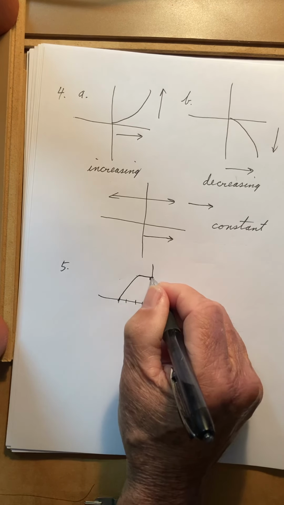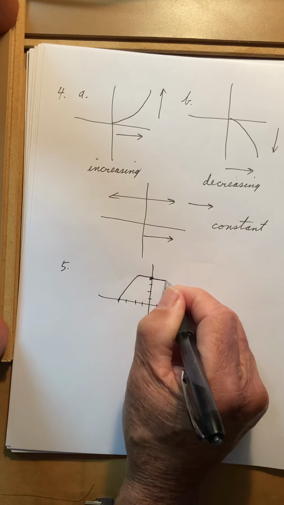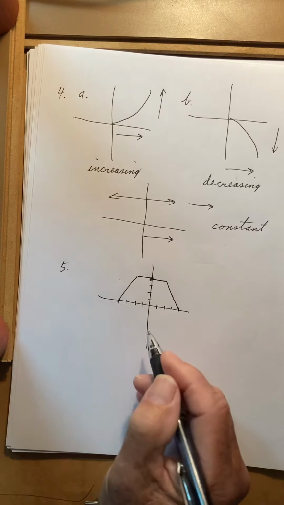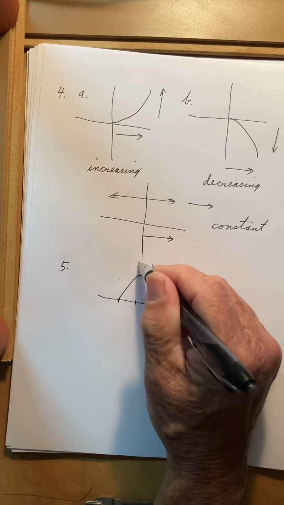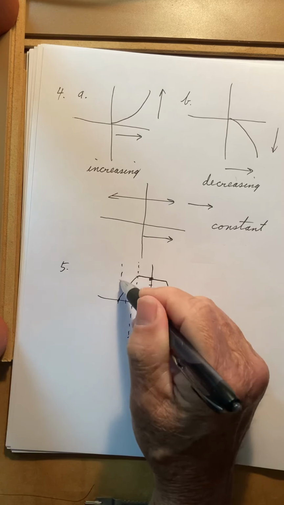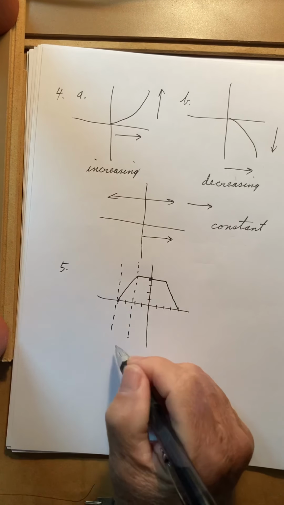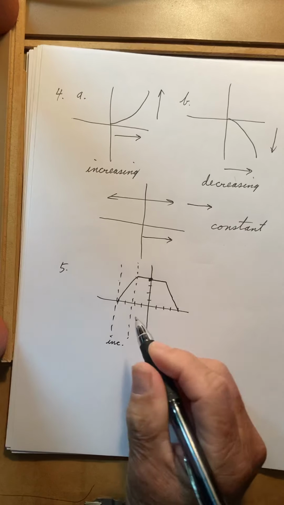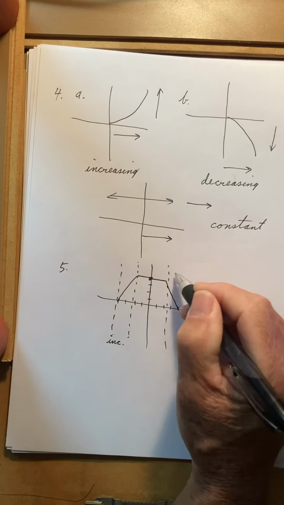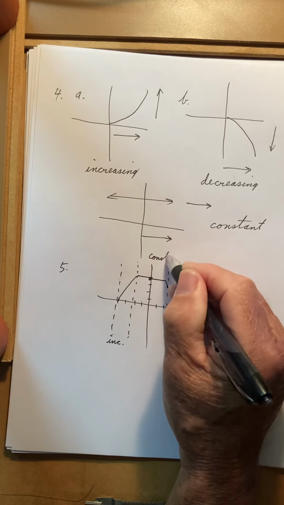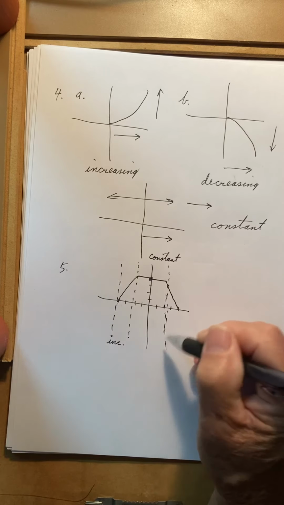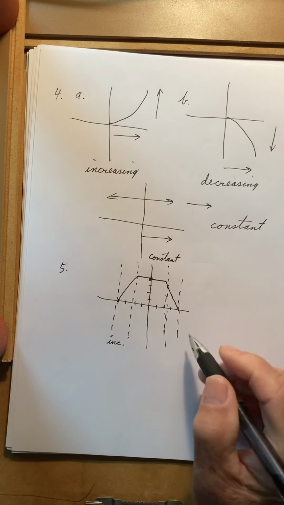And we go over here 2 spaces and down here. So from this point to this point, it's increasing. From this point to this point, it's constant. And from this point to this point, it's decreasing.